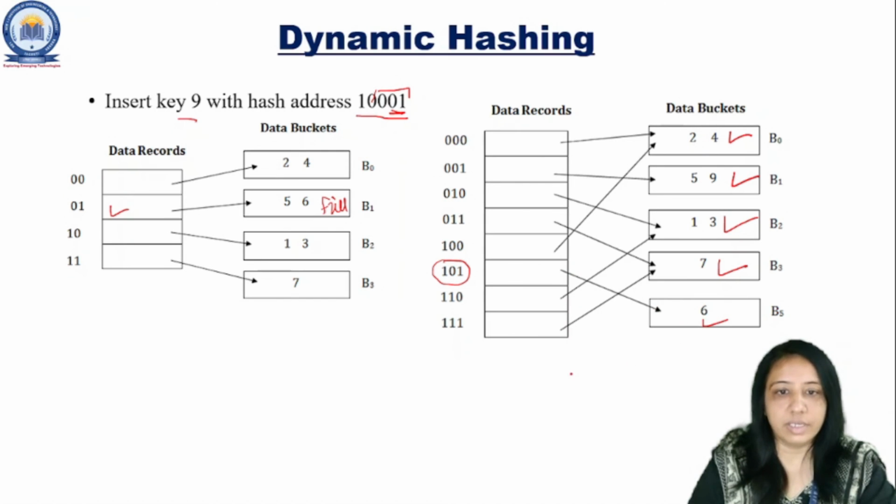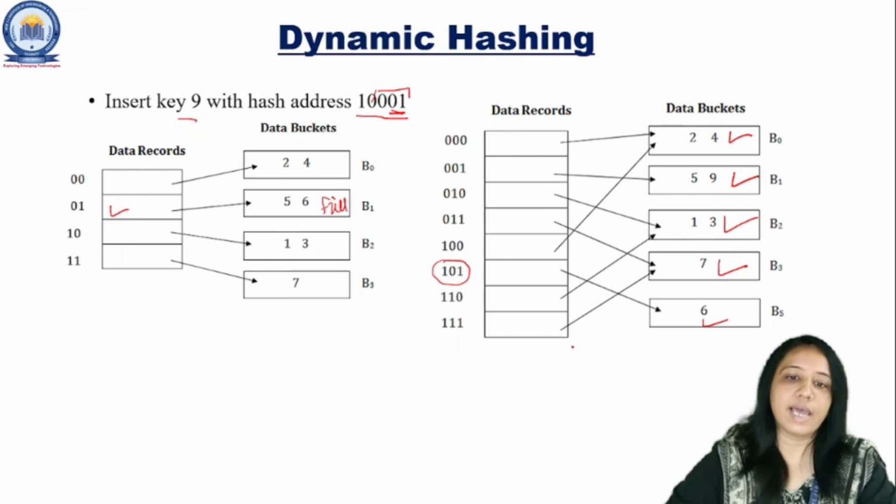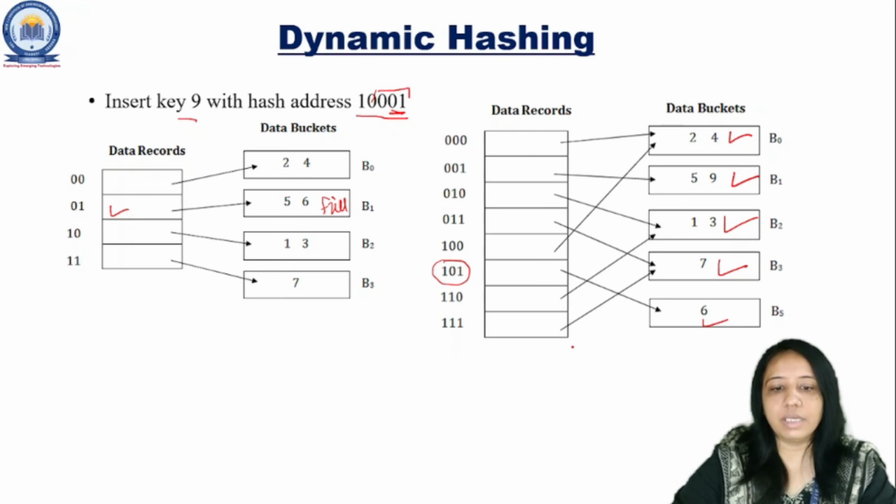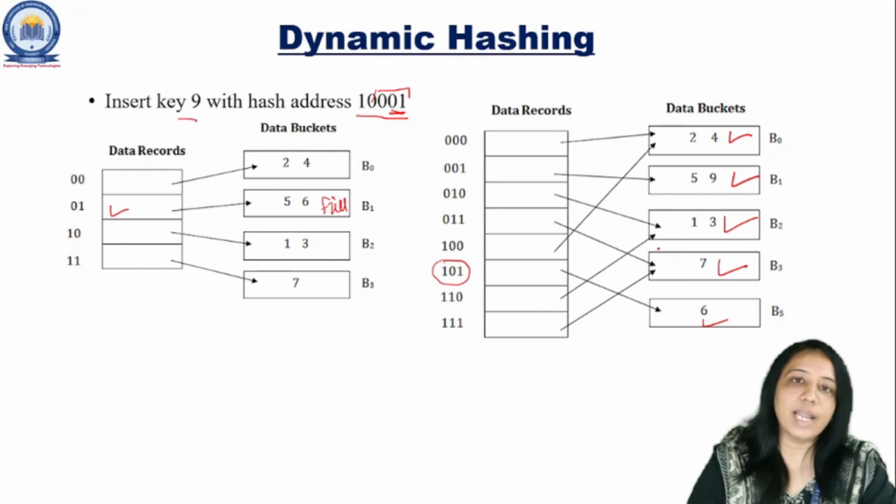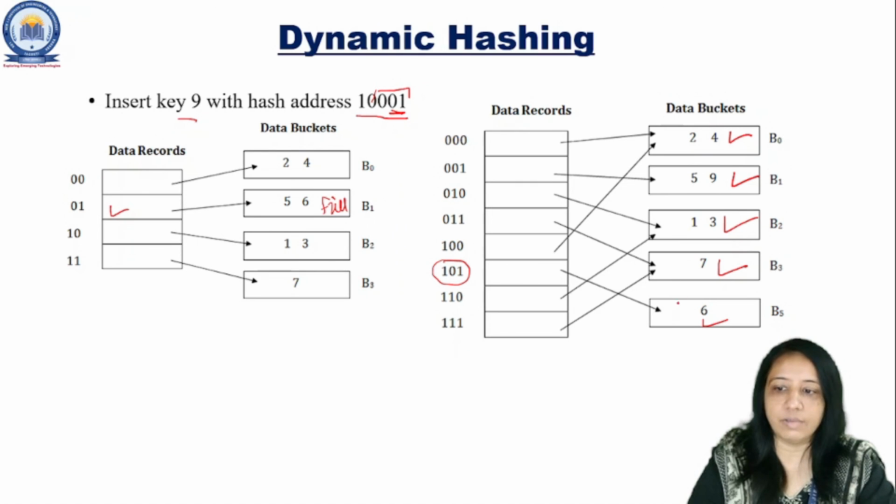So the pointer will be there in a data bucket, and 6 is going to be stored here. In this way, in dynamic hashing, when space is not available for a particular key, you can just add a data bucket and the rearrangement can also be done. It's not that the new bucket simply takes 9 directly; the readjustment of the existing data also happens.